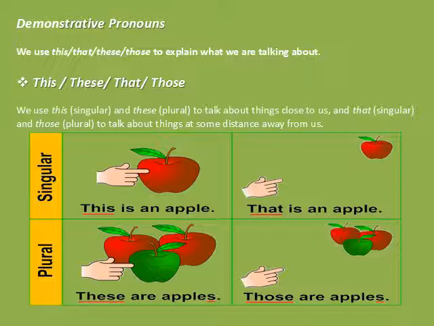That is an apple. The apple is far from the hand. Plural. You can see these are apples. Three apples. And they are near you. But those are apples. You can look at the apples are far from you.